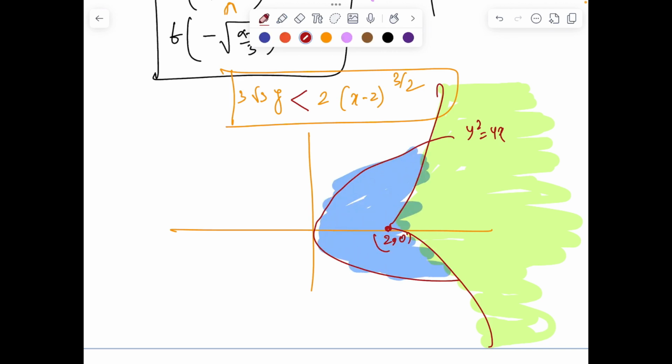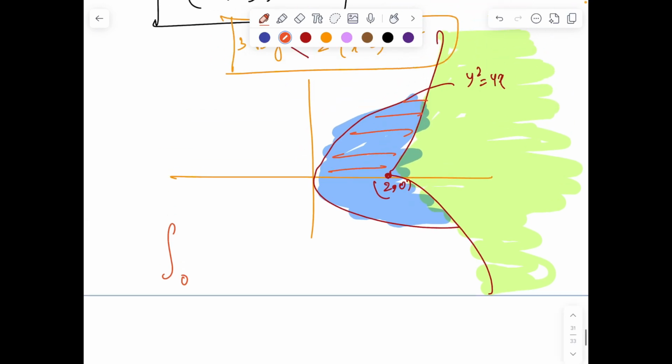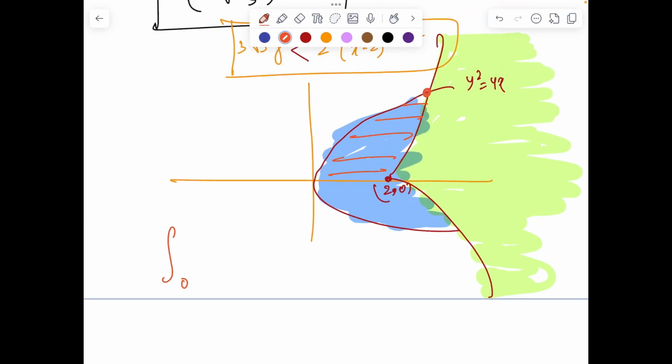So according to our problem, we need to find the area of the region here. By symmetry, it is just twice the area of this region over here. So what we can do is we'll integrate from 0 to 8; the x coordinate is going to be 8 over here, and the y coordinate will be root 32.